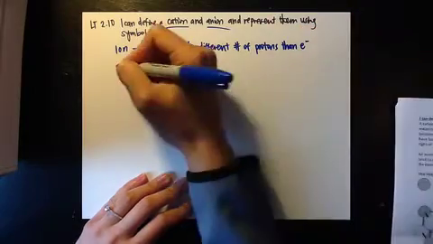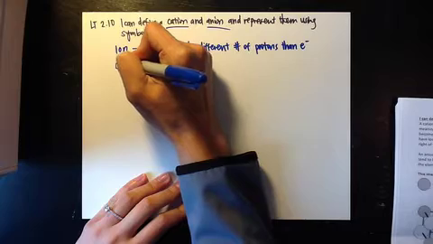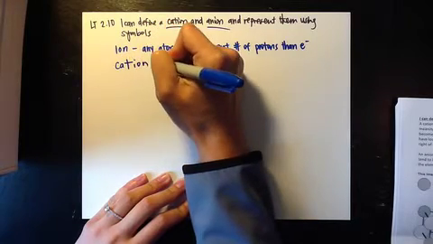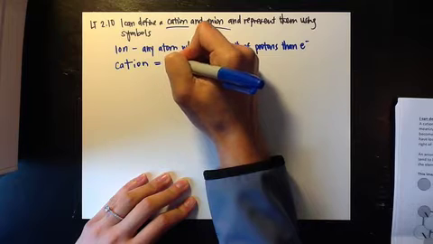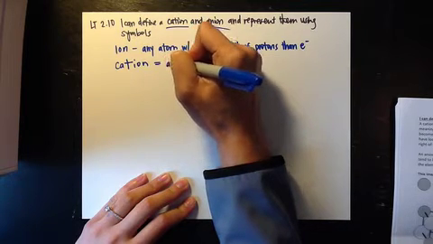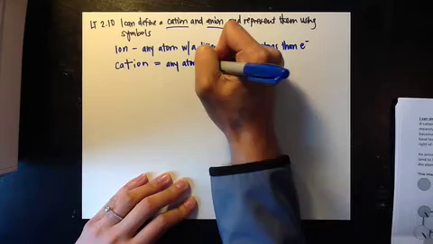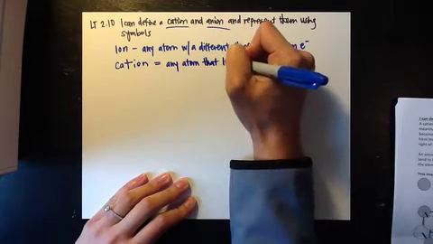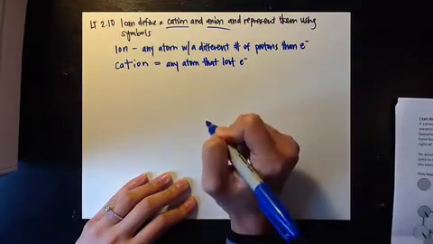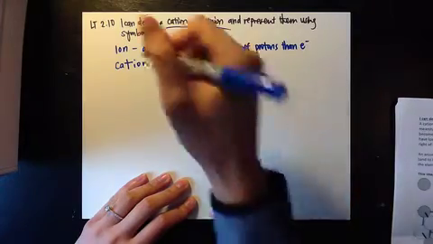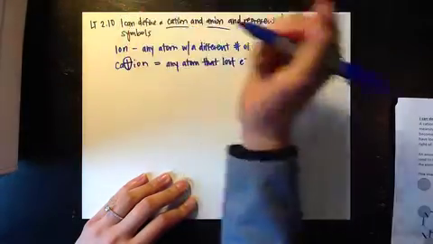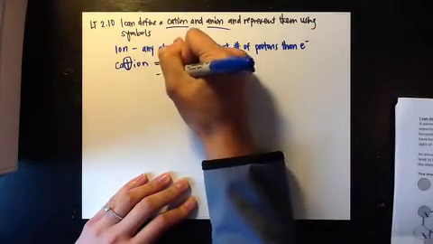A cation is any atom that lost an electron. Right? If it loses an electron, it's going to be more positive. That's how I remember that a cation is positively charged.